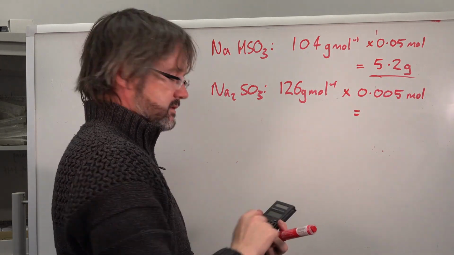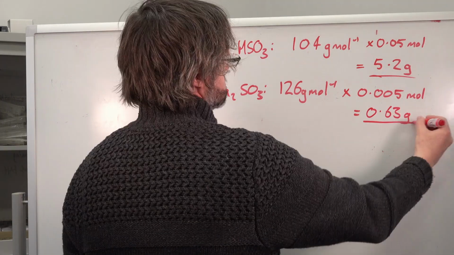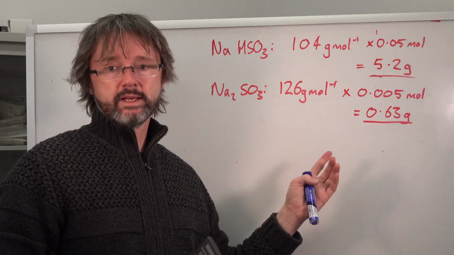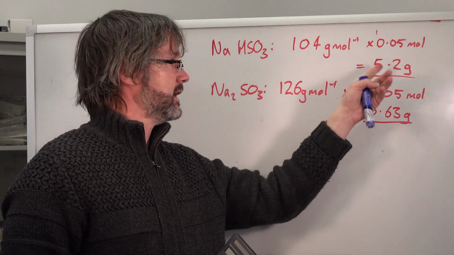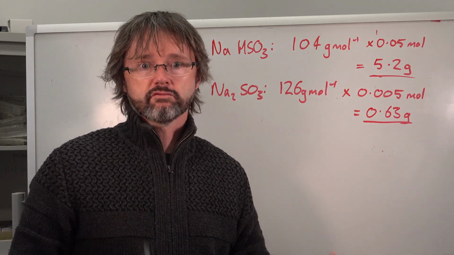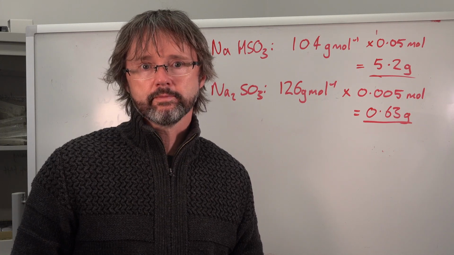That comes out as, do it in my head, so using moles here means that I can work out exactly how many grams of material I need to weigh out to make my buffer.